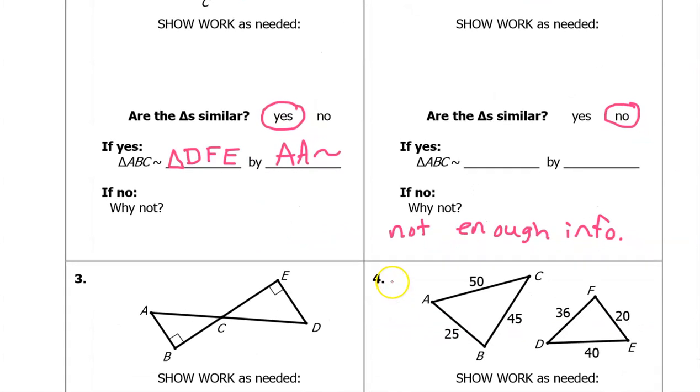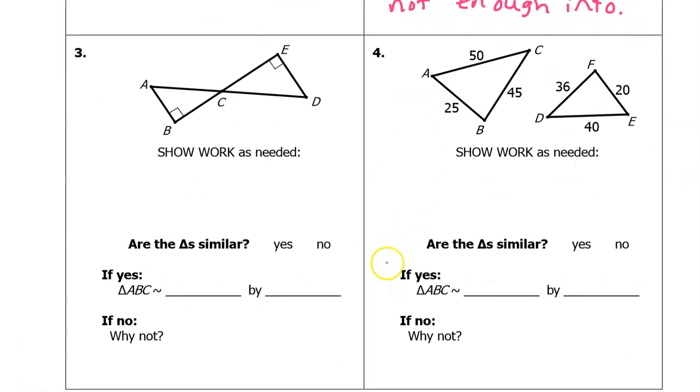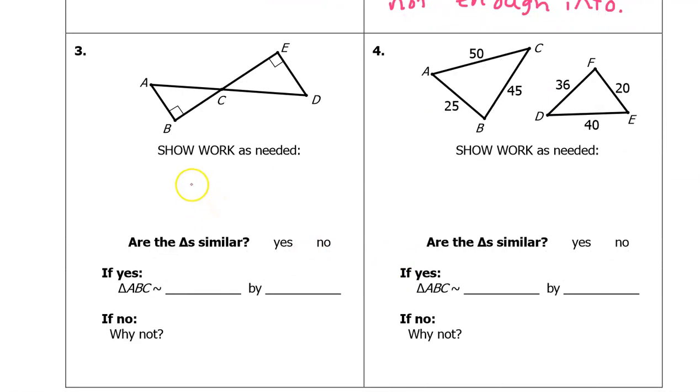Okay, let's move on to problem number 3. We can see that angle B is congruent to angle E. We also know that this angle is congruent to this angle. Angle ACB is congruent to angle DCE because these are vertical angles, and vertical angles are always equal.